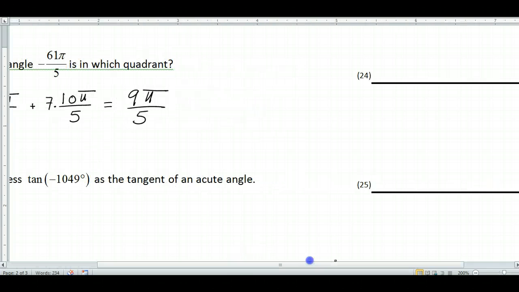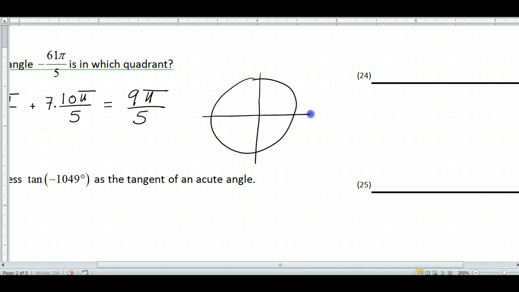And 9 pi over 5, I know where it is. You have to think of the unit circle when it's graduated in terms of pi over 5, right? So this is 0. A right angle is 2.5 pi over 5, right? 2.5 over 5 is pi over 2. Straight angle is 5 pi over 5. 3 right angles, well, 5 and 2.5, 7.5.